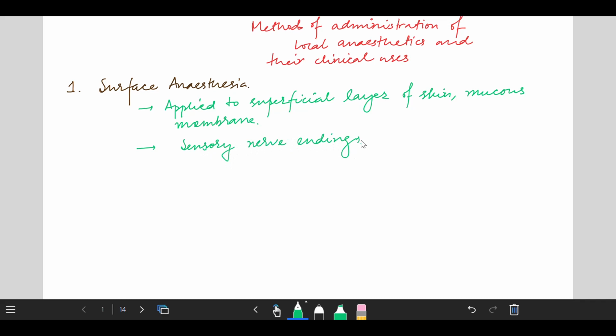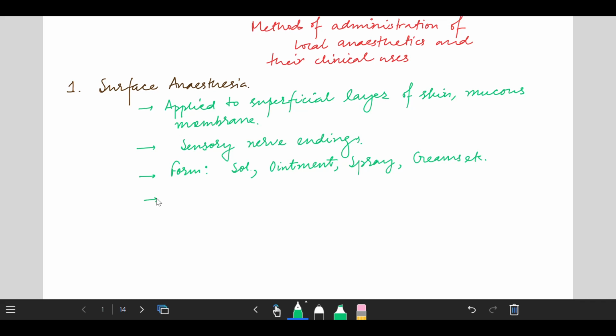Okay. Now, which kind of drugs can we use? The form can be solution, ointment, cream, spray, etc. Now, where is it applied?